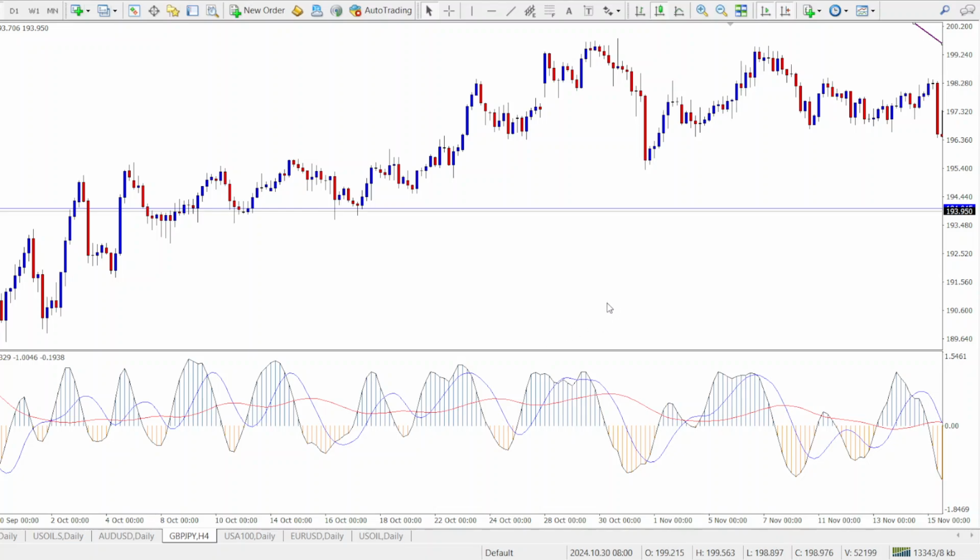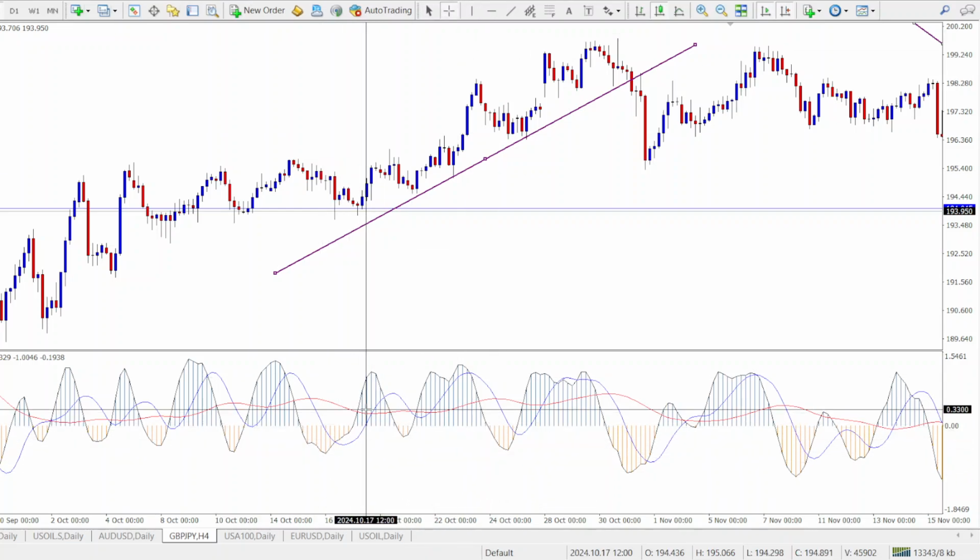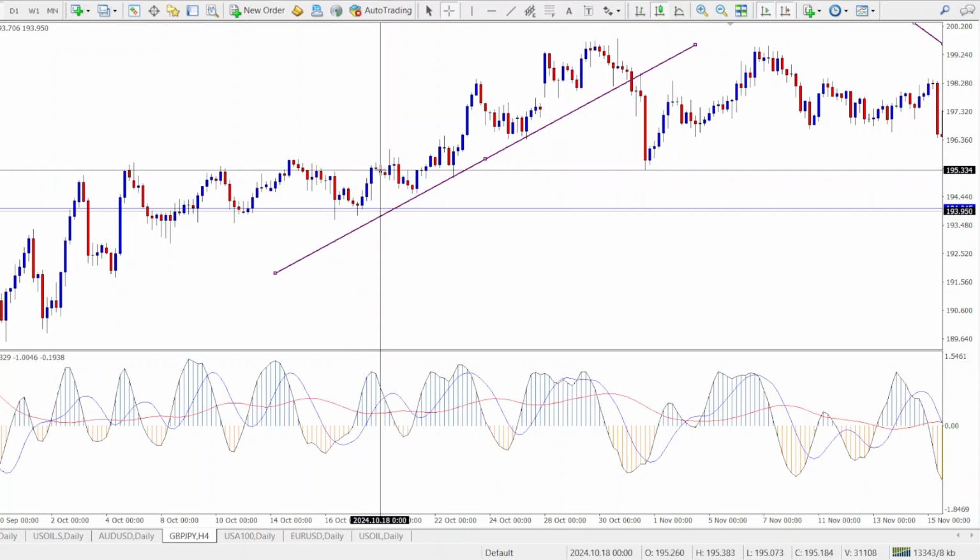Now, how do you get precise entry points? When you are in a buy trend, for example, I'm going to recommend using this indicator in trending markets. Okay, please focus on the trending markets with this indicator. When you are in a buy trend, watch out for crossovers between this blue line and the red line. So when you have the blue line cross over the red line, that is a buy signal.